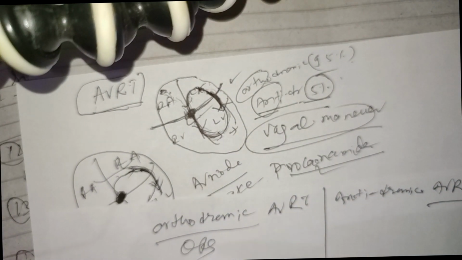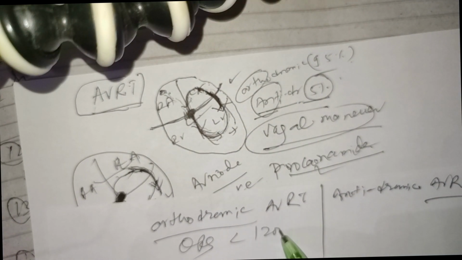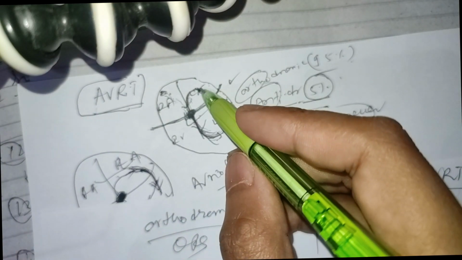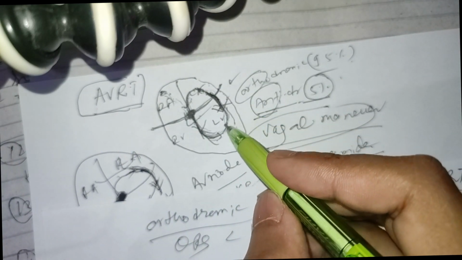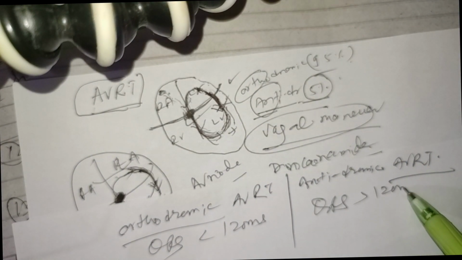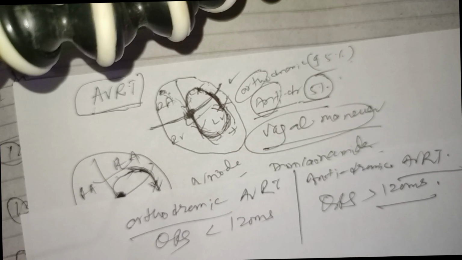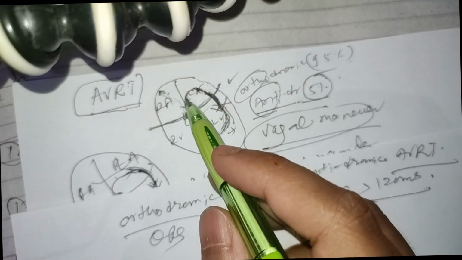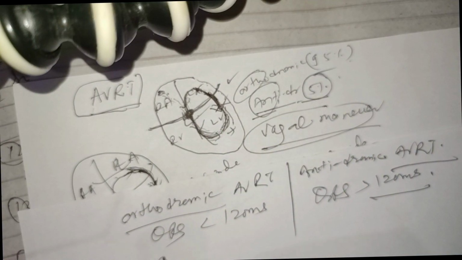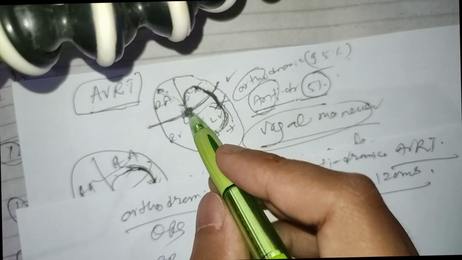That's why QRS will be less than 120 millisecond. But in antidromic, since the conduction through this pathway is abnormal, and it is going through the ventricular myocyte, QRS will be wide, more than 120 millisecond, right? And here, since the impulse is coming through the AV node, the PR interval will be about 120 millisecond or more.